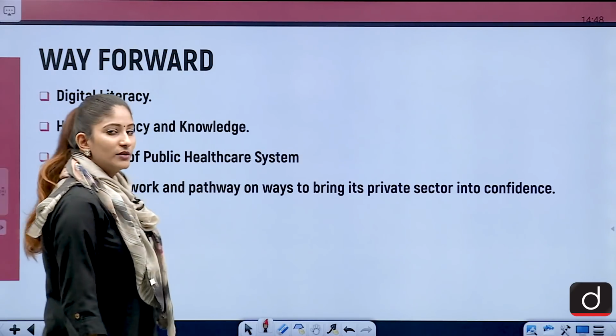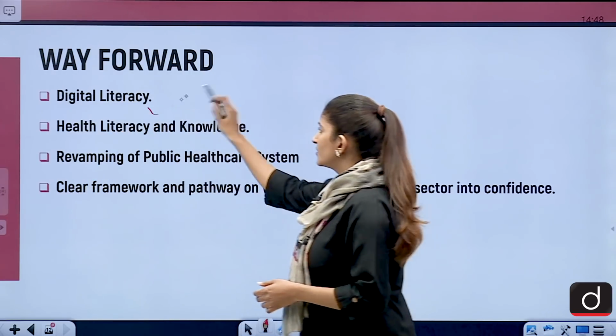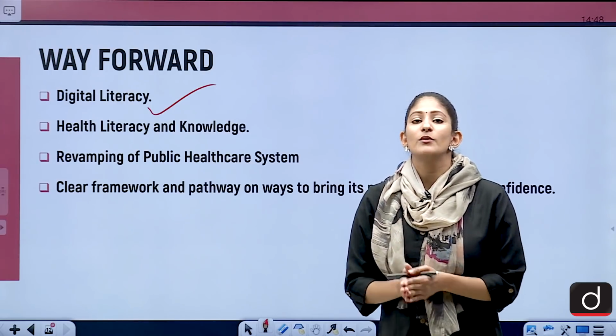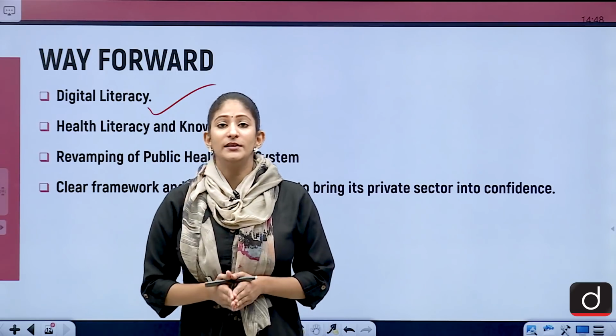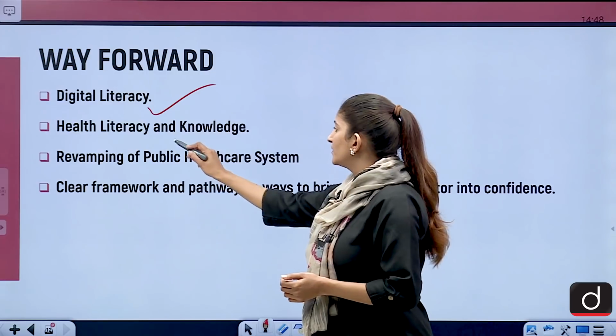And of course, if we talk about the way forward, the first way forward we need here is digital literacy. Until and unless the rural areas and most of the urban populace are digitally literate, how will they reap the benefits of this scheme? Then of course health literacy and knowledge.